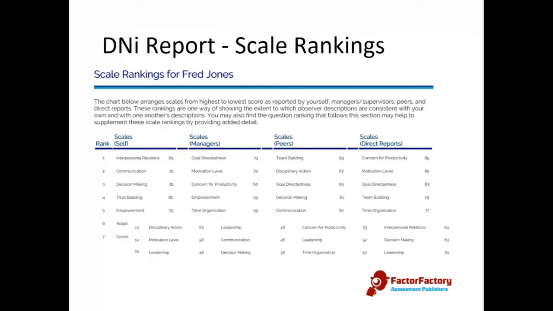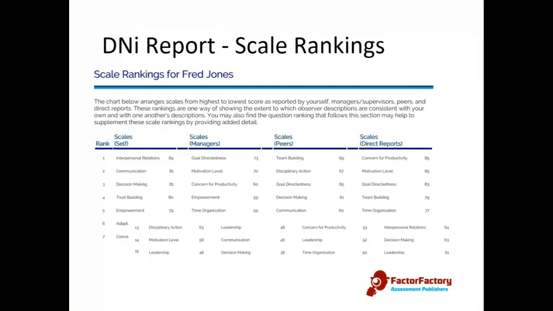If you go over to peers and down to number 3, you'll see goal directedness there at a 65 in that third column. And if you go to the end, you see the direct reports list. Goal directedness is also number 3. So it looks like goal directedness is a strength that others are seeing in this individual that they're not seeing in themselves. That could be an item for discussion.